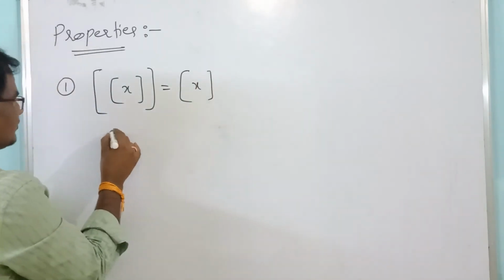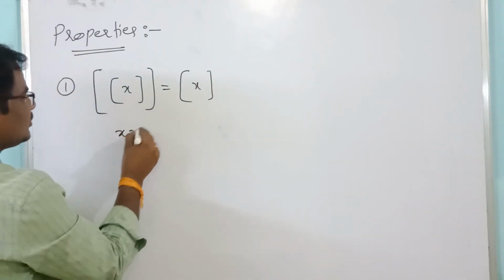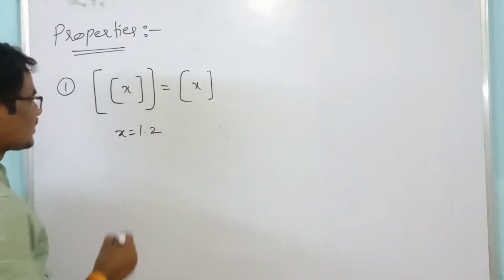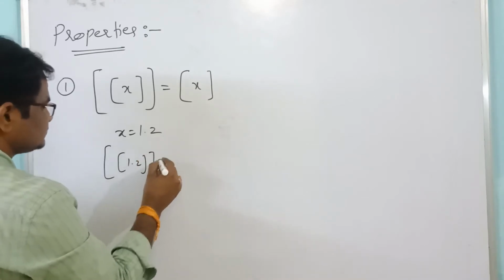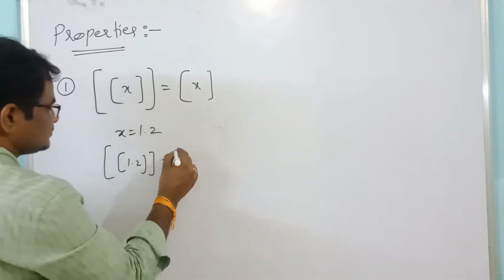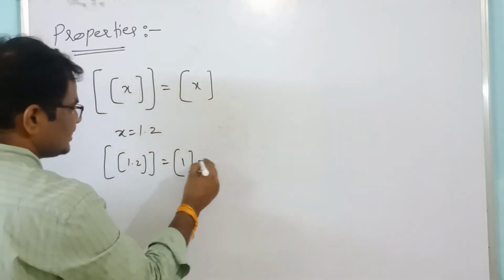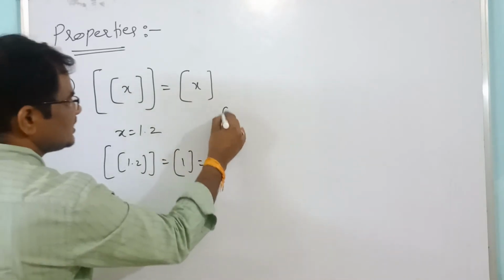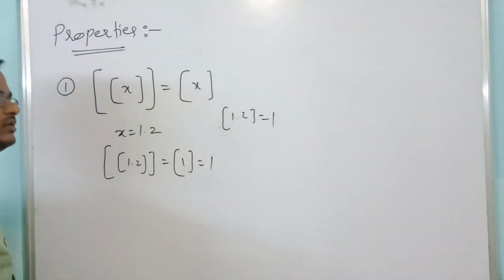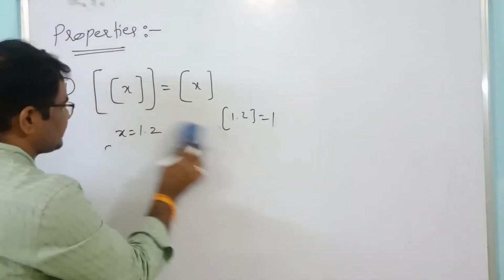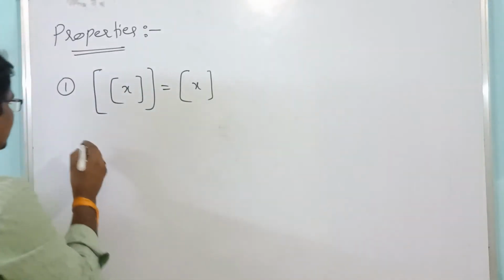Take one x value, x equal to 1.2. Here the greatest integer of 1.2 is 1. Again it is equal to 1 only. So LHS equal to RHS.